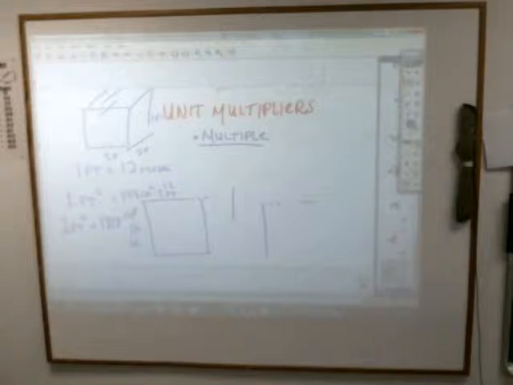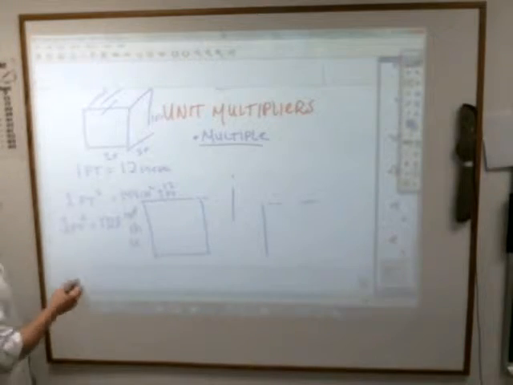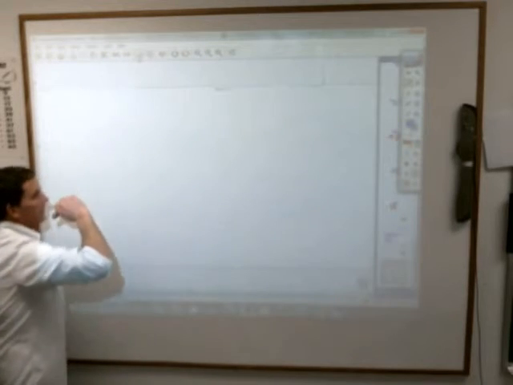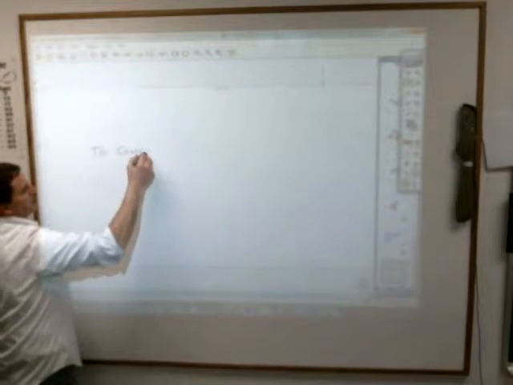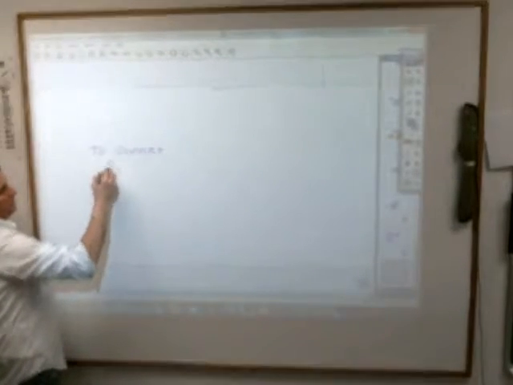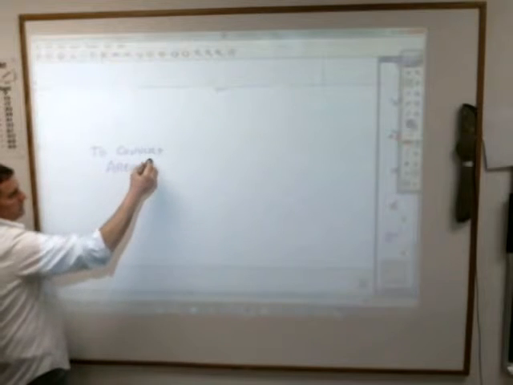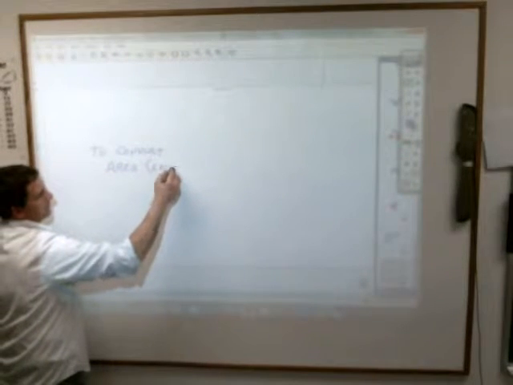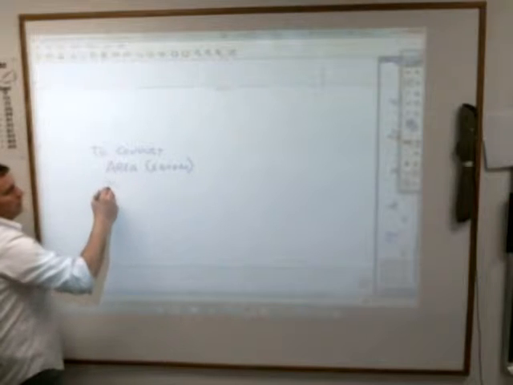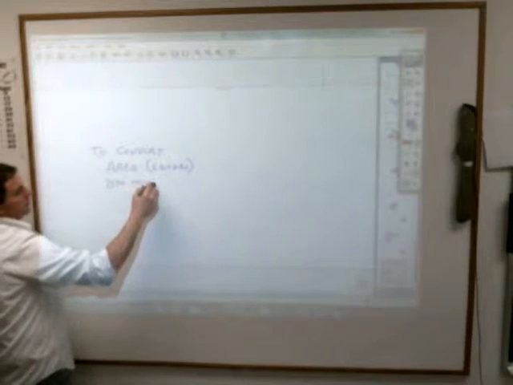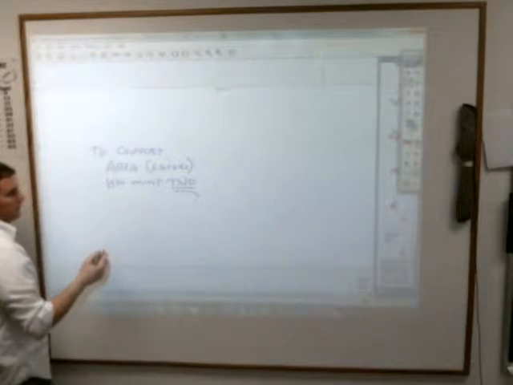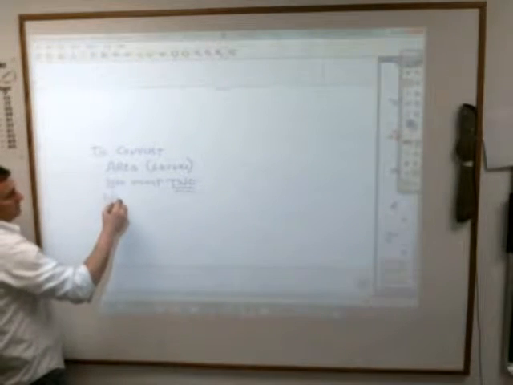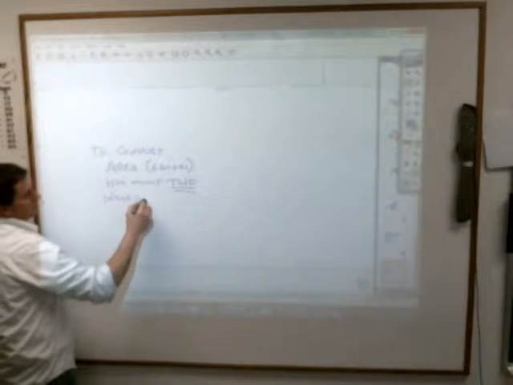So here is the lesson we need to learn, and that's why this falls under multiple unit multipliers. To convert anything that is in area, which means it's in square units, you must use 2 identical unit multipliers.